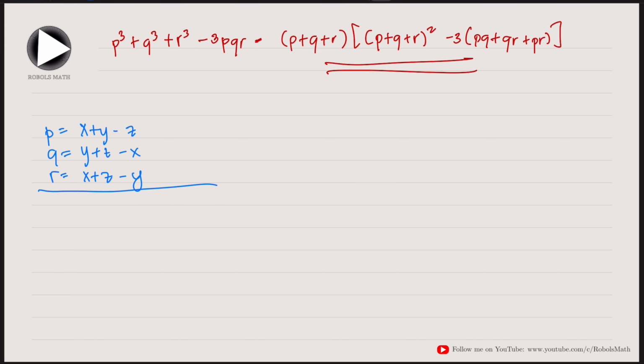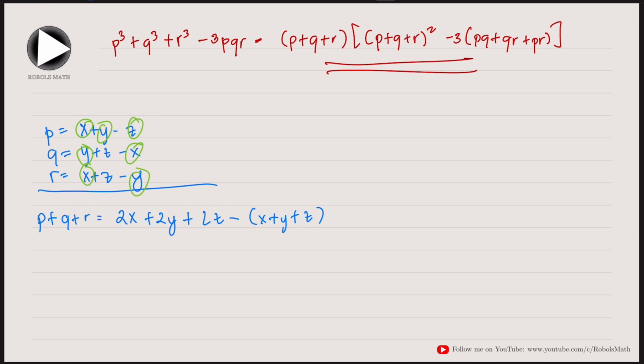Note that if we add the three of them, the left side becomes p plus q plus r, and on the right we will have two x's, so this becomes 2x. Similarly, we have two y's here, so we have 2y and then 2z as well. And then we have the sum of x plus y plus z, the negative ones.